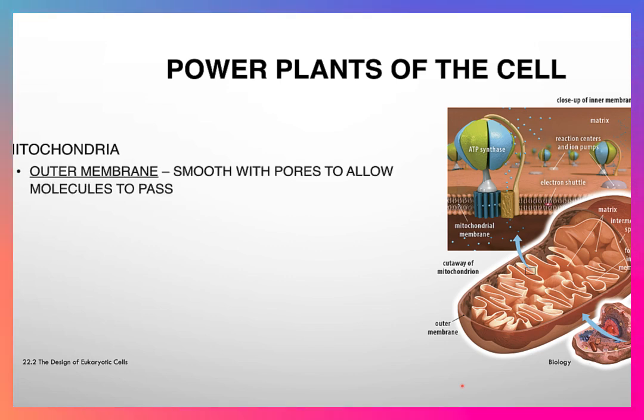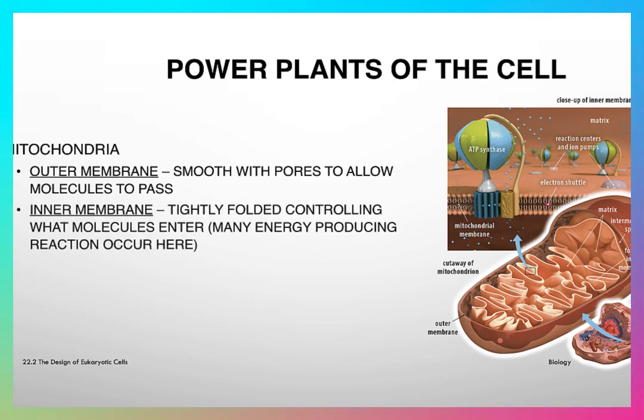Now, the mitochondrion is made up of an outer membrane, which is smooth with pores that allows molecules to pass in and out of the mitochondrion. There's an inner membrane, which we'll look at in some detail in the next few slides. This is a tightly folded membrane where molecules enter and energy is produced.